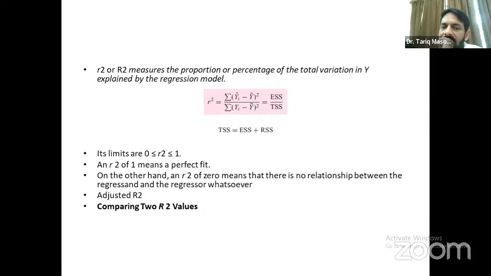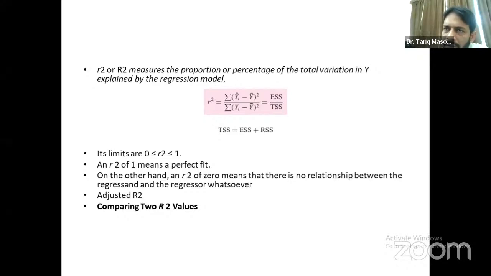Now the same is true for capital R square. In the case of capital R square, we are dealing with the multiple regression framework. There is an involvement of more than one x. So ESS is basically the portion of y explained jointly by all the x's. This is the difference between ESS of the simple model and ESS of the multiple model.